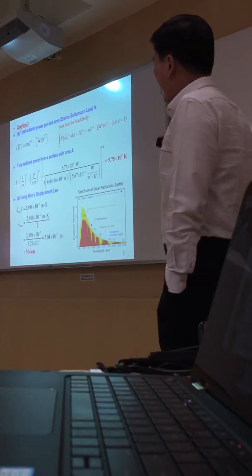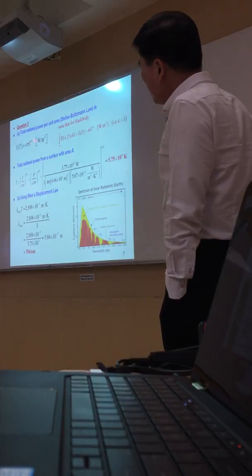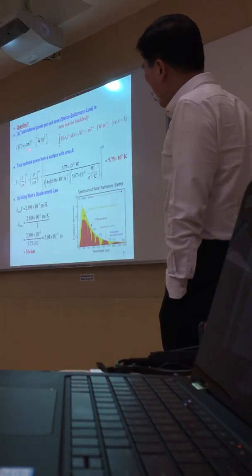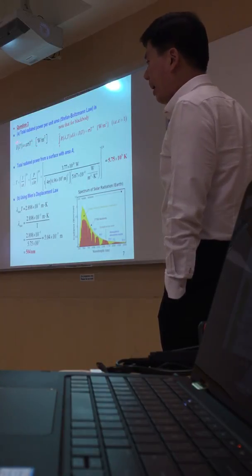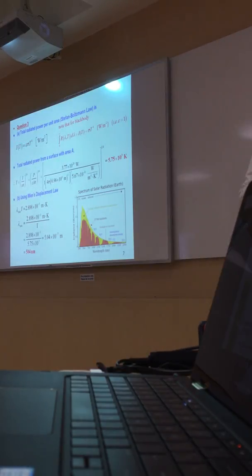First of all, I want to introduce the Stefan-Boltzmann law. The Stefan-Boltzmann law gives us the total output power from any object as a function of temperature, and this is a universal equation to describe any object.